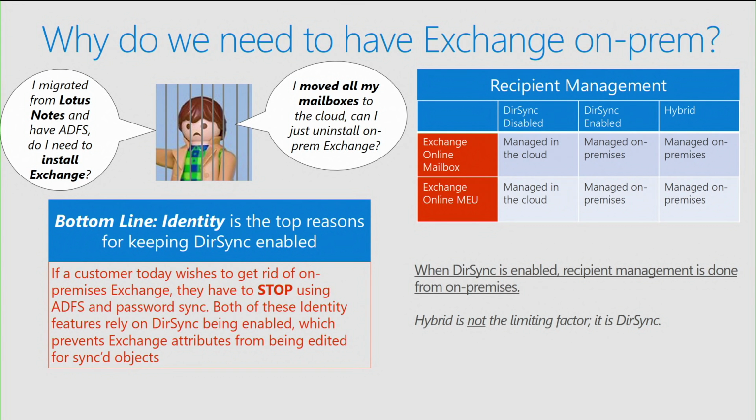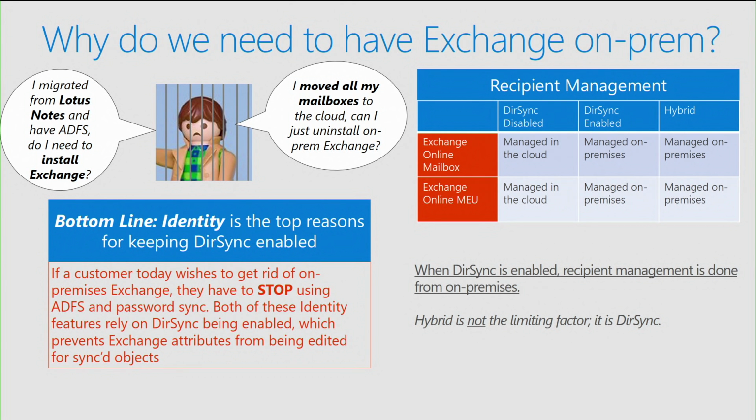The issue that causes us to have to keep some Exchange resources on-prem actually comes down to directory management and directory synchronization. So when you establish a directory synchronization relationship with Office 365, what you're essentially saying is the master for that information is going to remain on premises. So when I update attributes on my directory objects, I need to do that on premises.